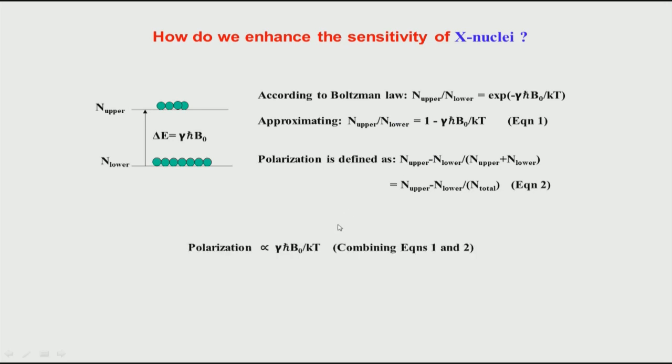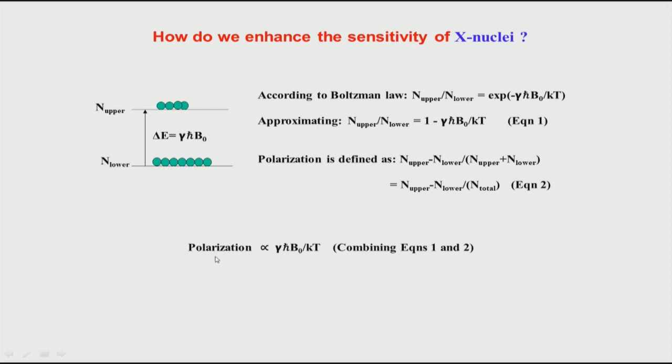If I combine equation 1 and 2 and do a little rearrangement, I will get this. I would encourage you to do this yourself and figure it out, because it is a simple rearrangement of this equation.